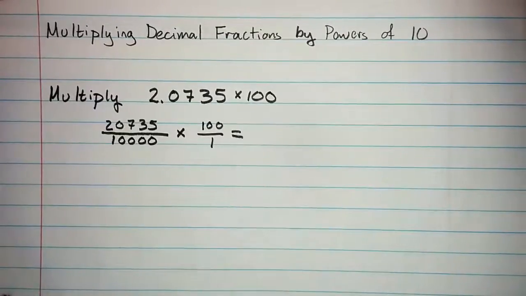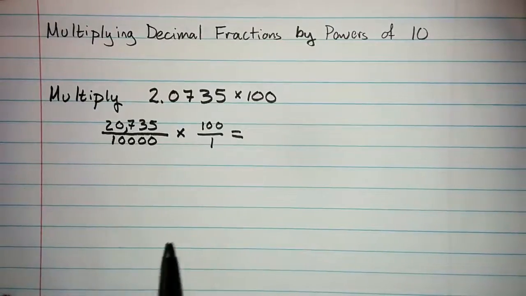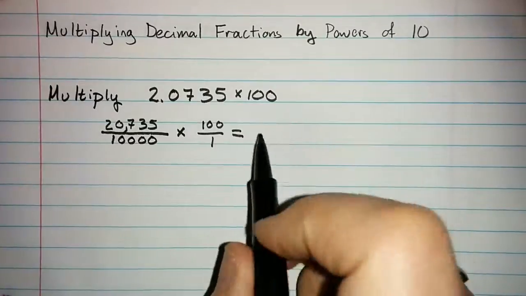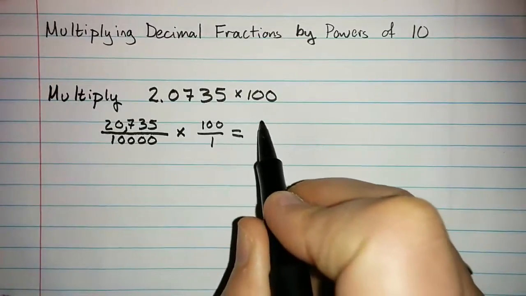So we'll have, well, we know what happens when we multiply a whole number, such as 20,735 by 100. We just add 2 zeros on the end.